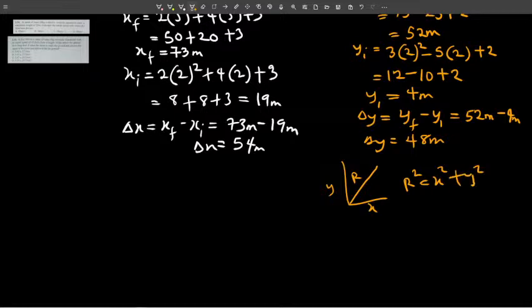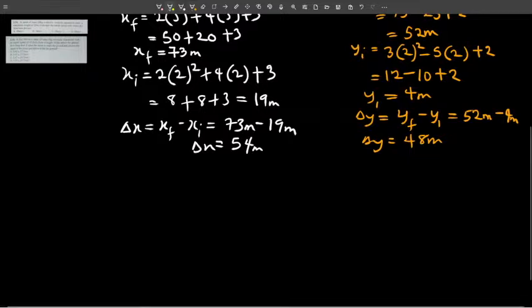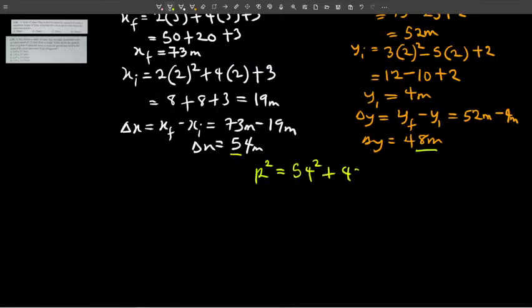Do you understand? So we can apply the same principles of vectors here. The resultant square is equal to this square plus this square, as 54 square plus 48 square. 54 square should give me 2916. 48 square should give me 2304.